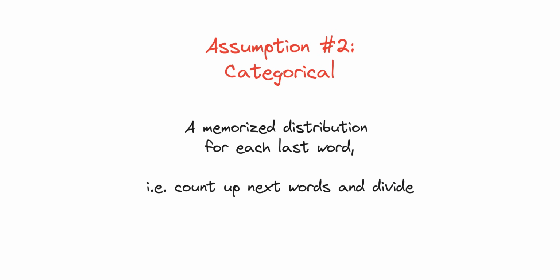The second assumption I'll refer to as the categorical assumption. This assumption is that the probability of the next word could be modeled roughly with a categorical distribution. This assumption went away when people started using neural networks to model the probability of next word prediction.